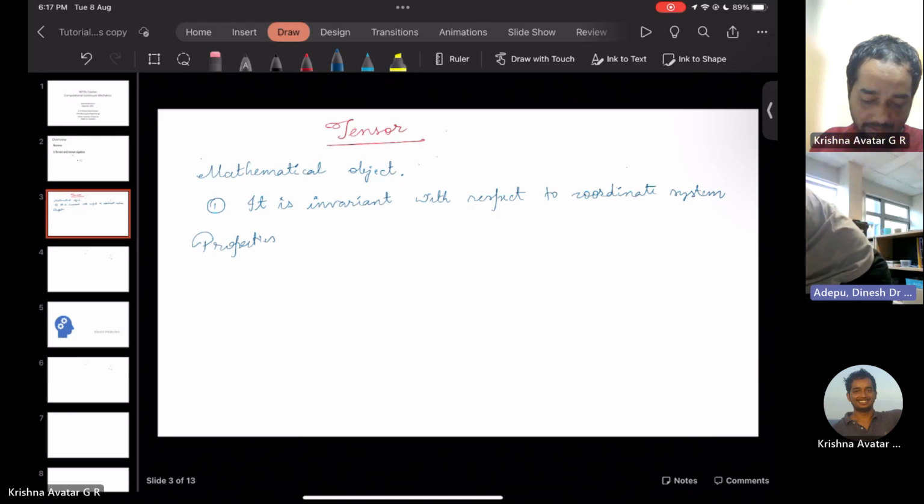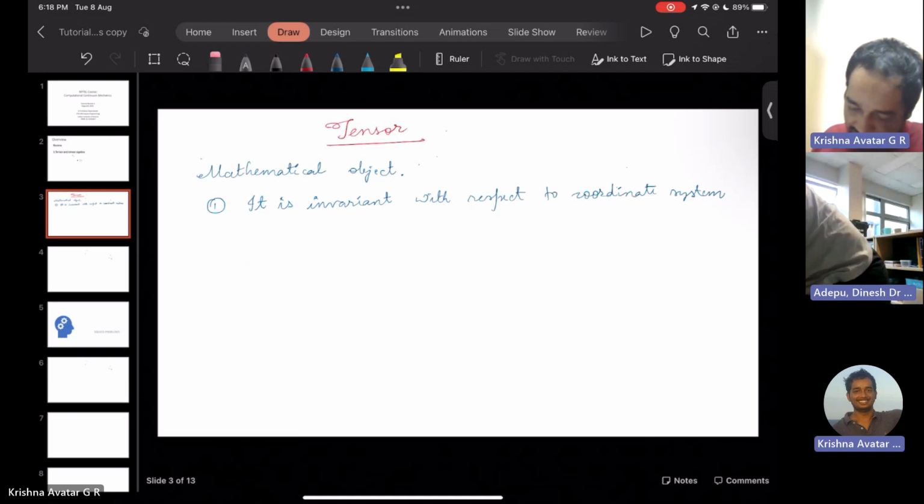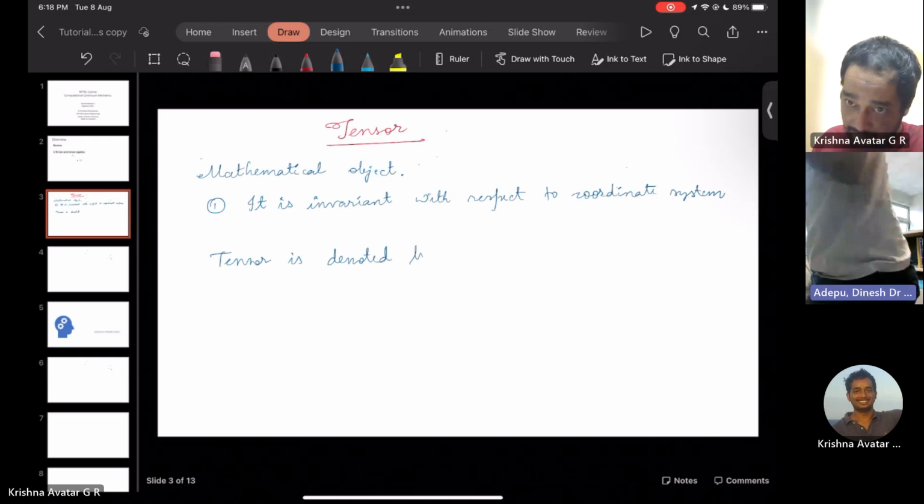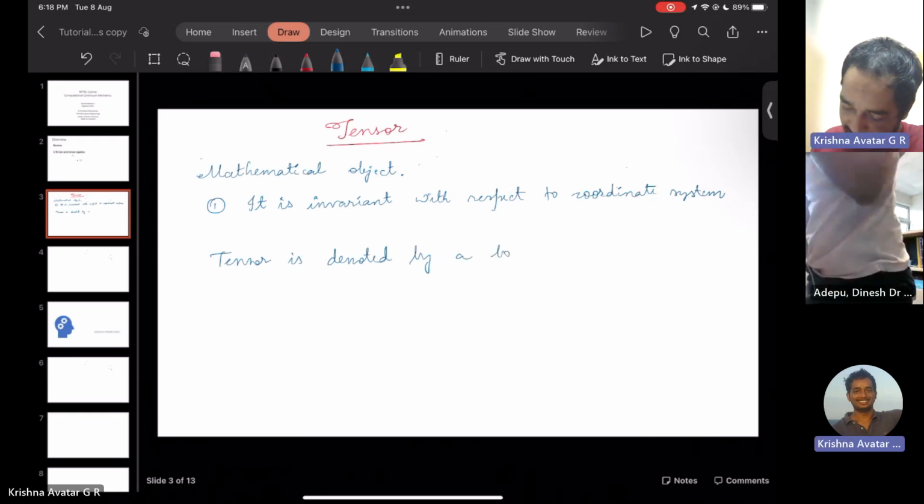Okay, so in general, we denote a tensor by a boldface letter.